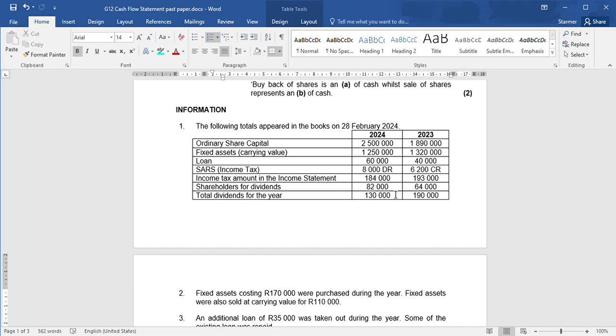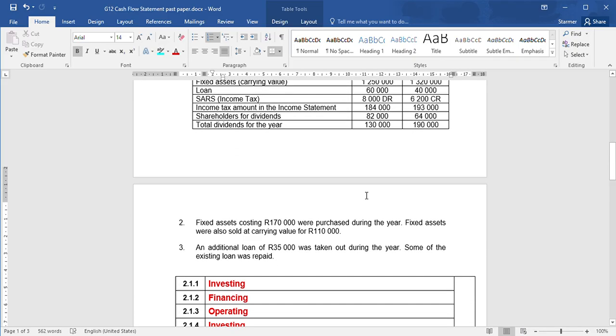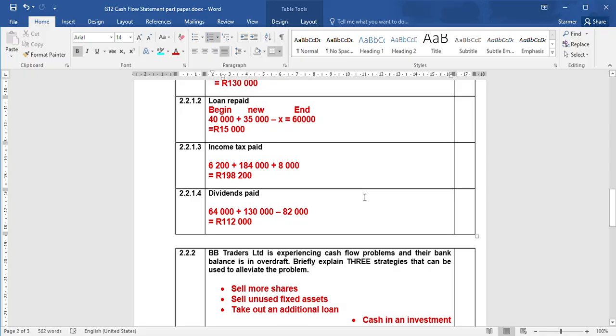So at this point here, although our total dividend was 130,000, of that we haven't paid 82,000. So you're going to subtract the 82,000 because that hasn't been paid yet. So it's the shareholders for dividends at the beginning of the year, you add the total dividend for the year and subtract the final dividend that you haven't paid.